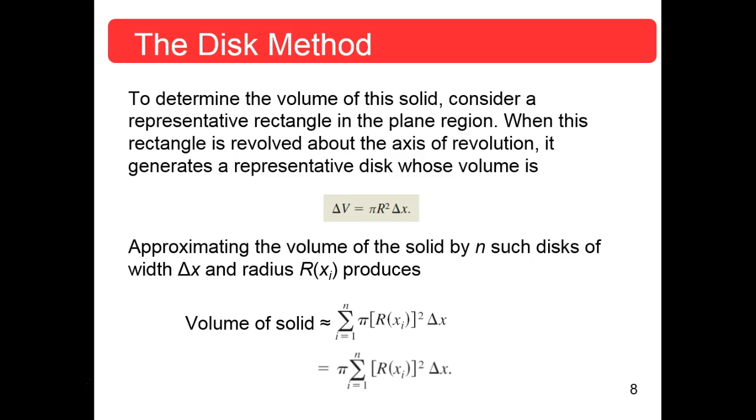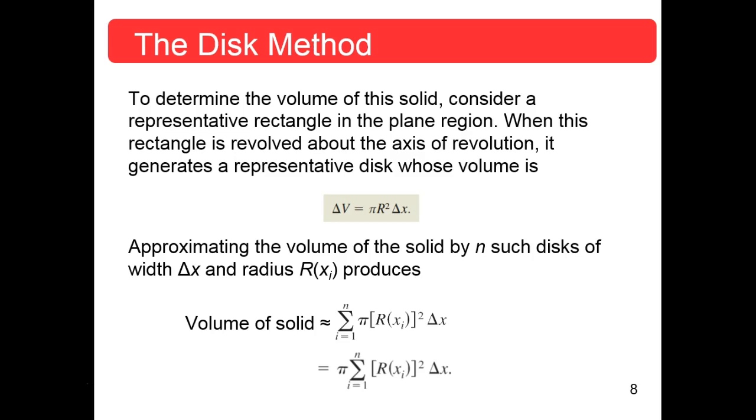Just like we did before, approximating the volume of the solid by n such disks with width delta x and radius r of x sub i. Okay? Now this is the ith one of those rings, and the radius is the radius of that ith ring.